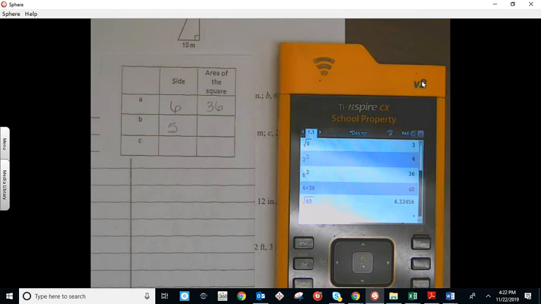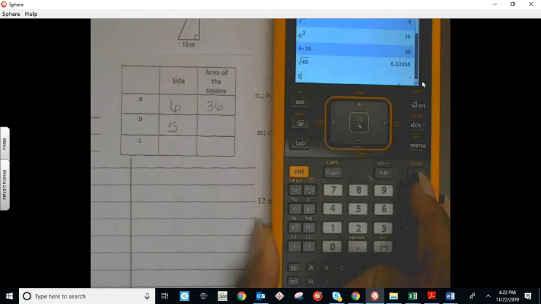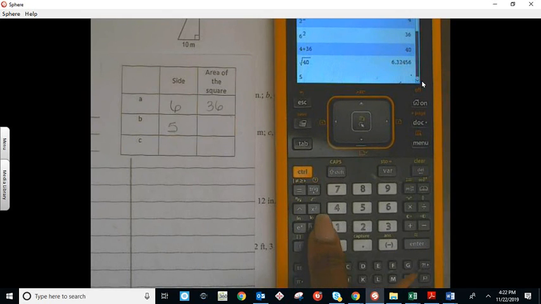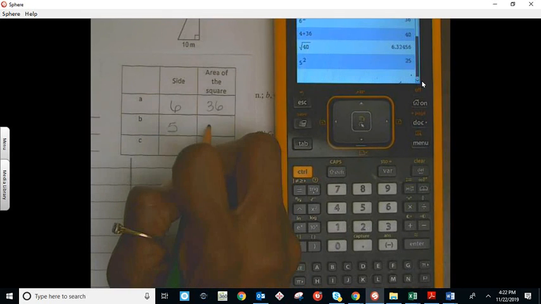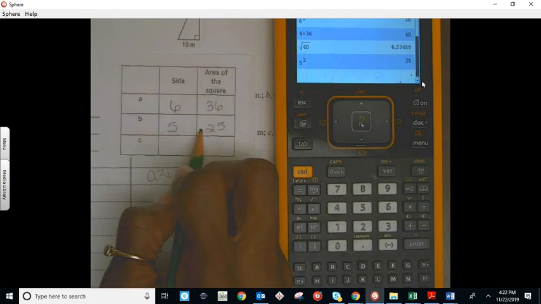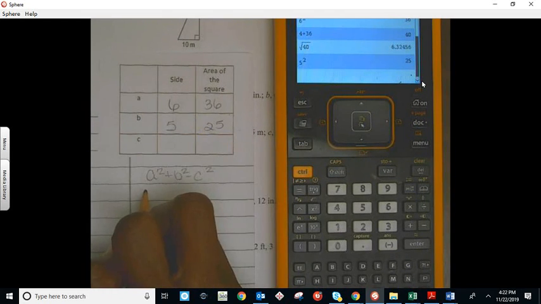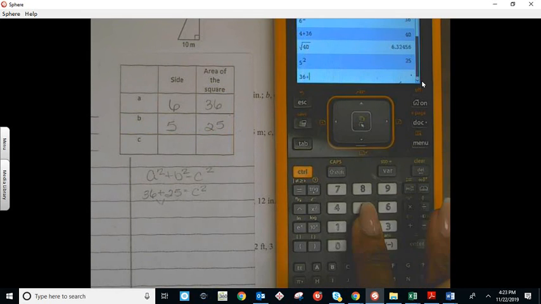But remember, I want to put in my 5. I want to push the x squared button, press enter, which is 25. Okay? I know a squared plus b squared equals c squared. So if I add these, because I know that a squared is 36, b squared is 25, 36 plus 25 is 61.